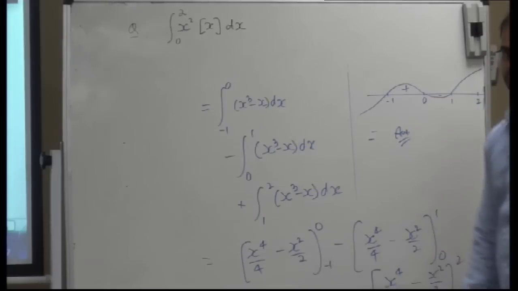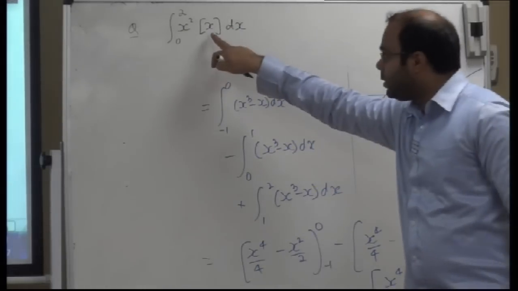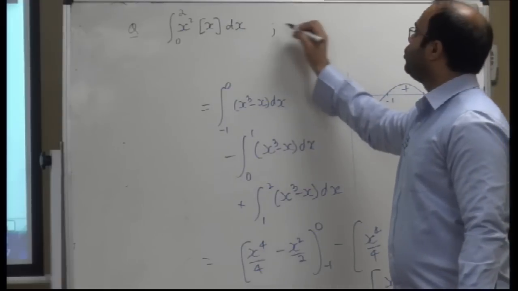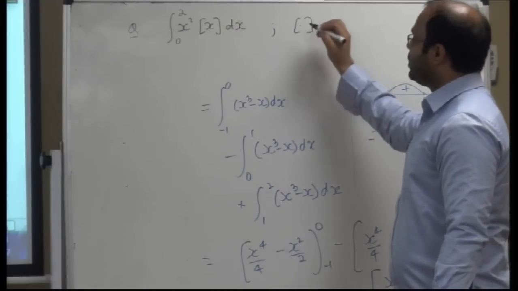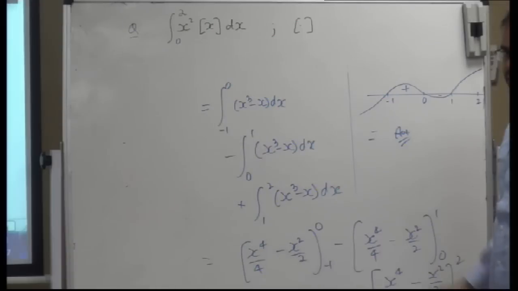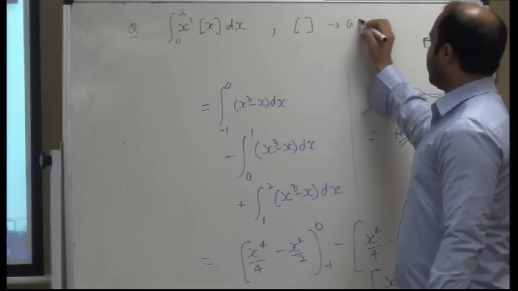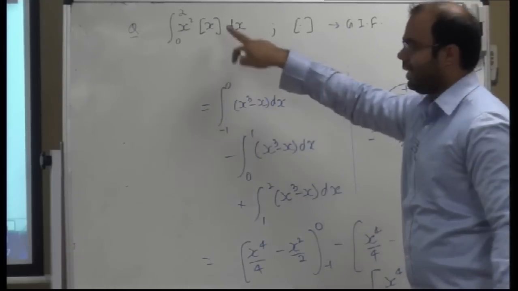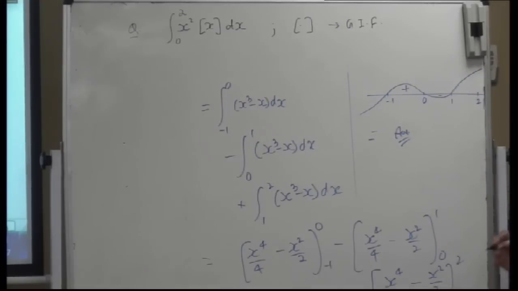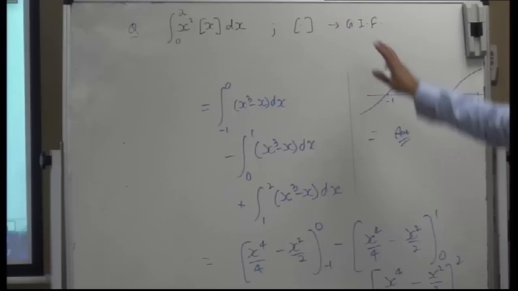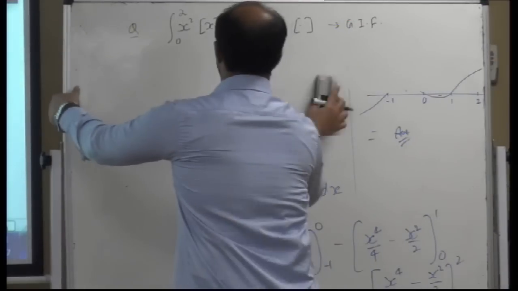Again here x square is not creating any problem. Greatest integer of x, you already know that in the question it has to be mentioned that this square bracket stands for greatest integer function, then only you will take it as a greatest integer function, otherwise it means a simple bracket. So it is mentioned here, it is a greatest integer function.